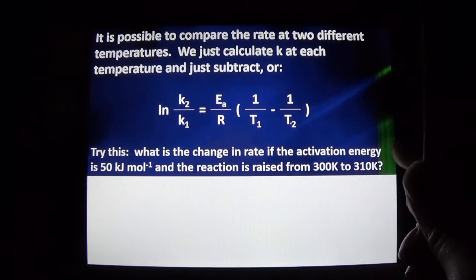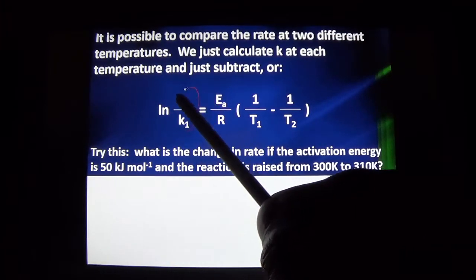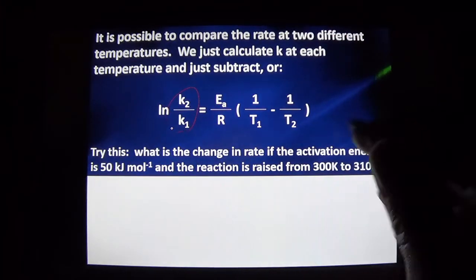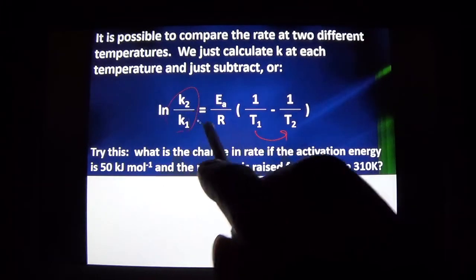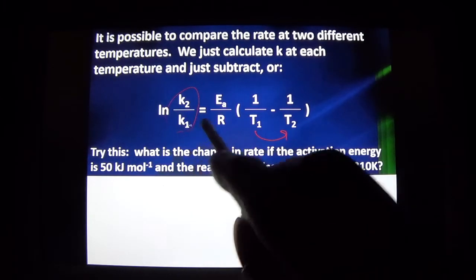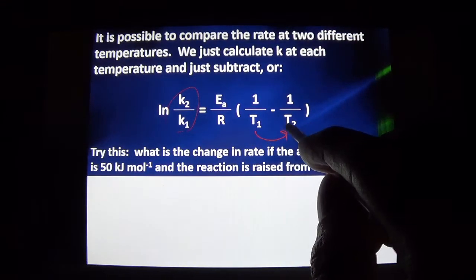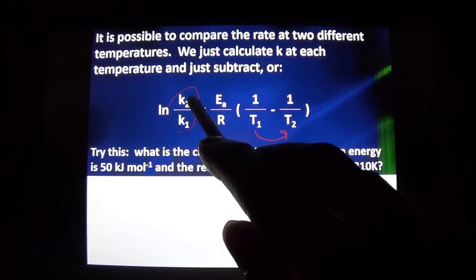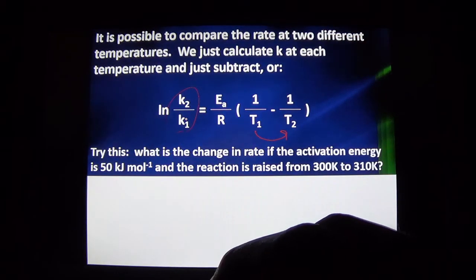What we're able to accomplish is this is going to tell us the rates, how they compare at two different temperatures. So at temperature 1, the rate 1, and at temperature 2, rate 2, and we'd be able to know, by increasing this temperature, is it going to double? Is it going to triple? Is it going to be half of what it was? That's what we would be able to figure out.